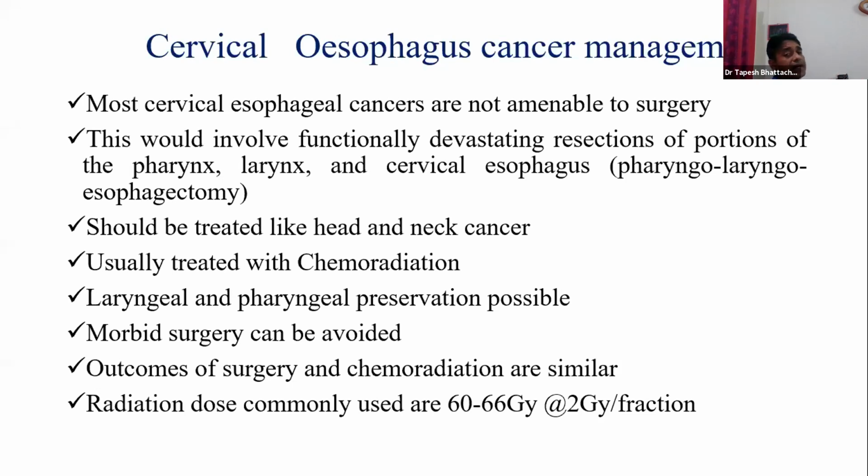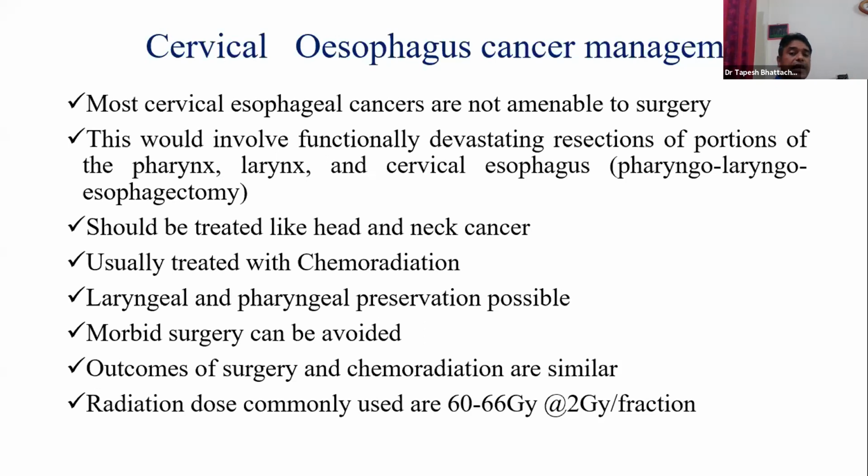It should be treated like head and neck cancer. As a clinical oncologist, the way we treat locally advanced head and neck cancer is with chemoradiation, or radiation alone where that is not possible. So we should treat cervical esophageal cancer with a non-surgical approach, and if possible with chemoradiation. Laryngeal and pharyngeal preservation is possible, and morbid surgeries can be avoided.